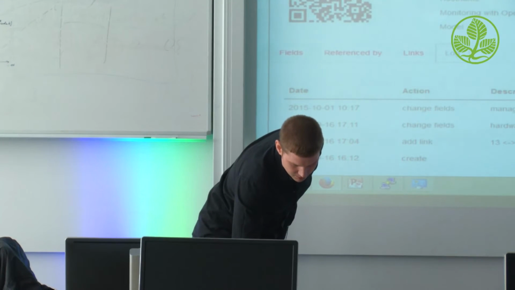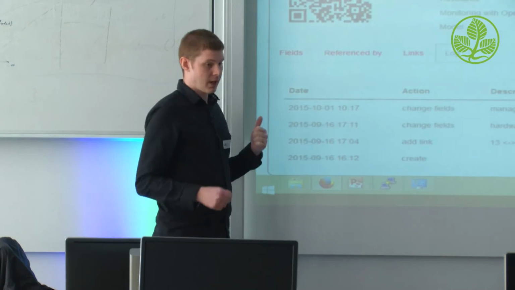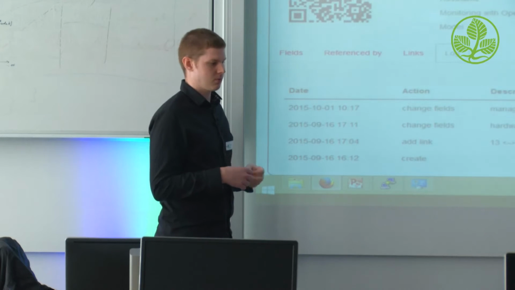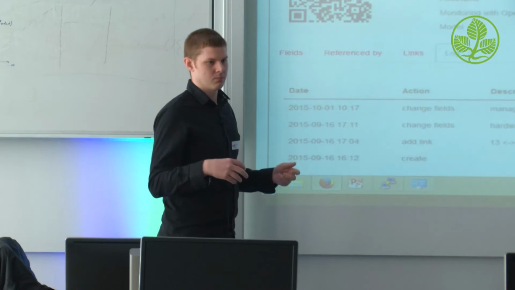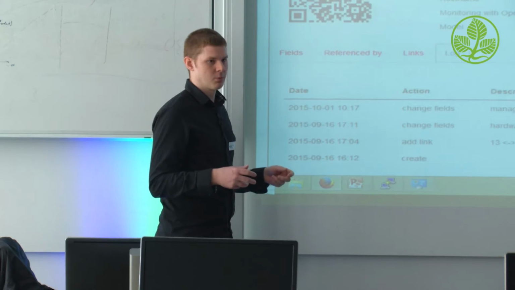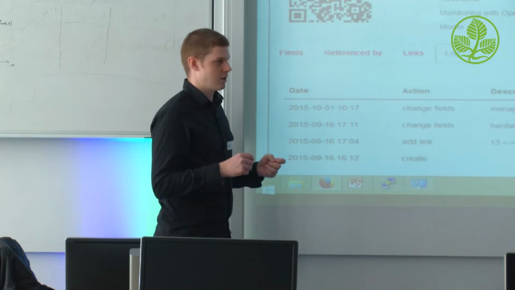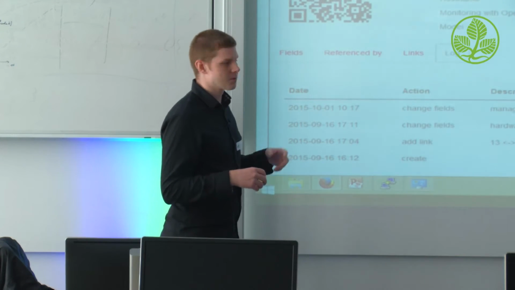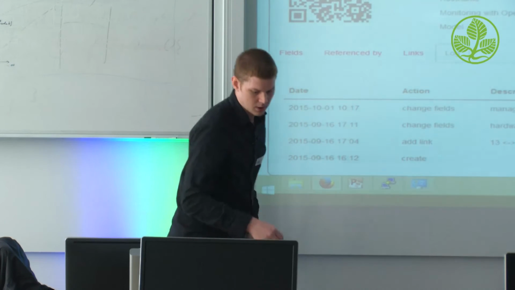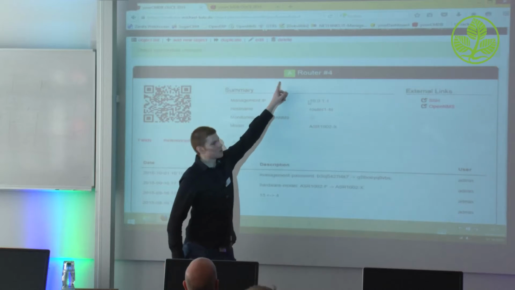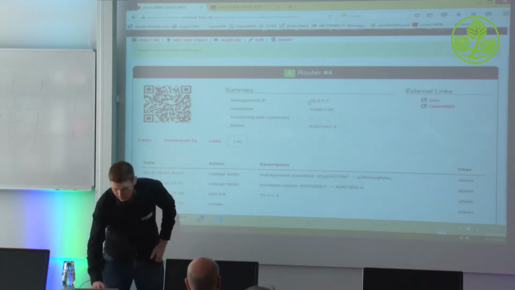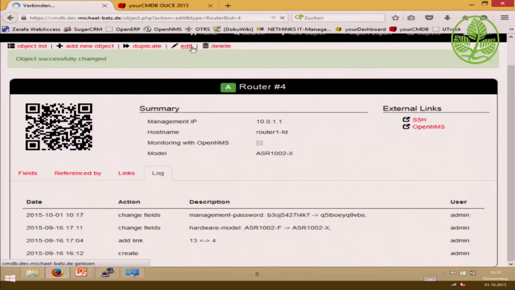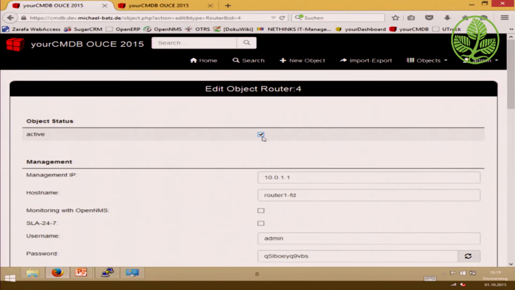An object can have two states. It can be active or it can be inactive. So maybe you don't need the router anymore. You can set it to inactive, and it disappears from all the views. So here we have an active object which shows the A on the top. We can simply click on this checkbox here to make it an inactive object.